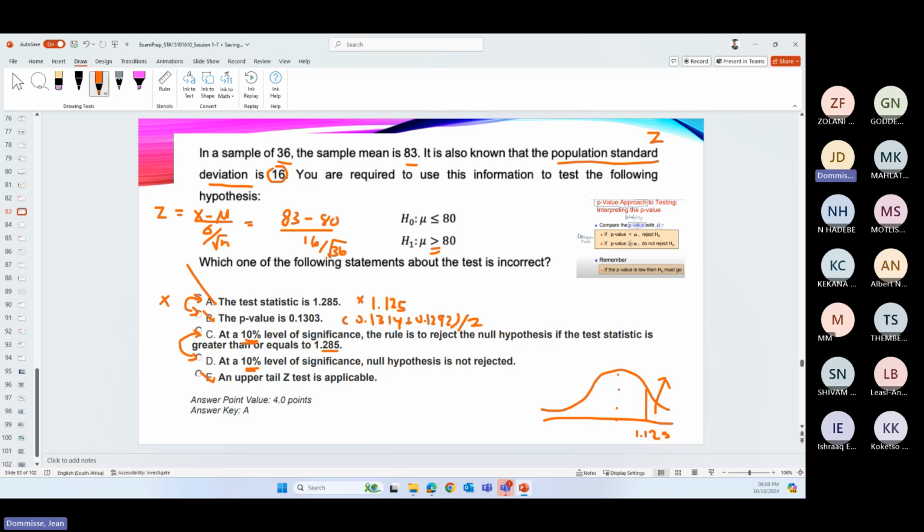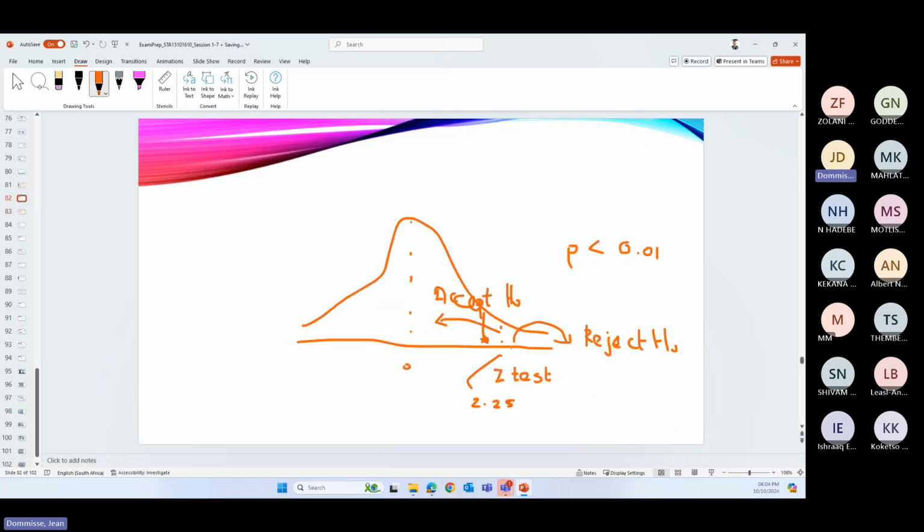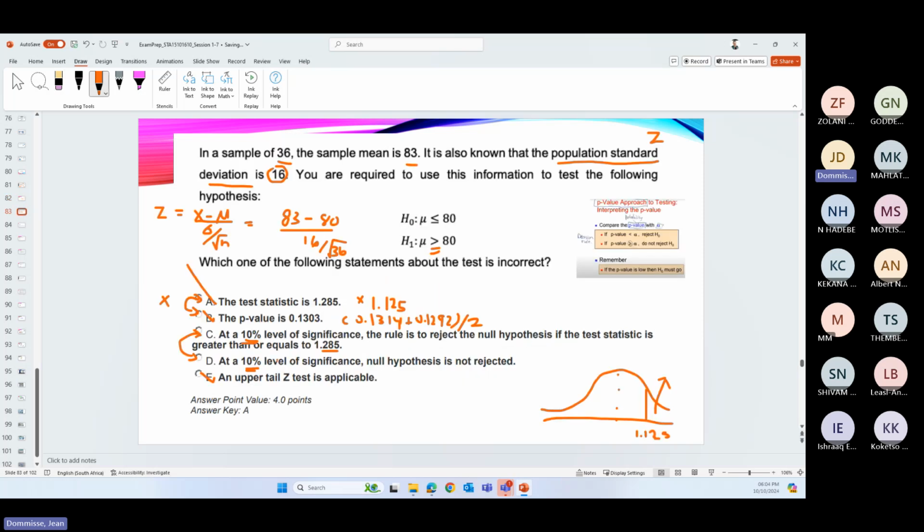Very similar to that cheat rule, if it lies outside, we will reject the null hypothesis. So here we go with the assumption that you are looking at a critical value of 1.285, and then at a 10% level of significance, the null hypothesis is not rejected.